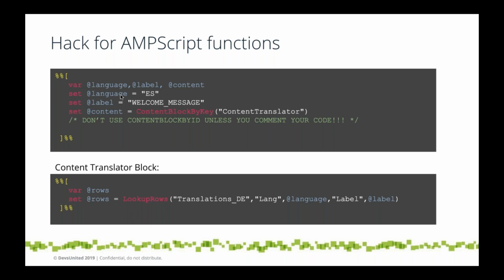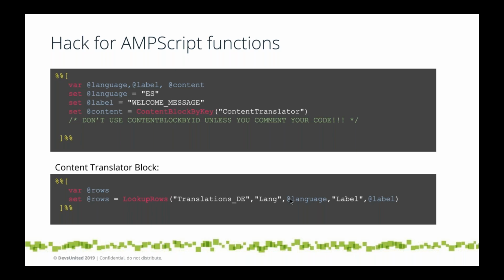You can set the variables on the top, then call the content block by key. And in your content block, you can use the variables that you set outside, because AMPScript renders as one big file. So this is a hack to create your own AMPScript functions.